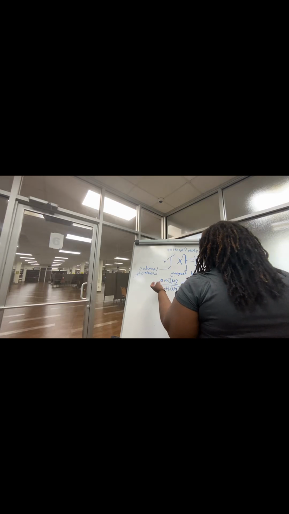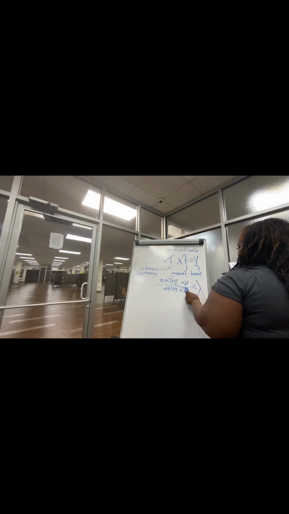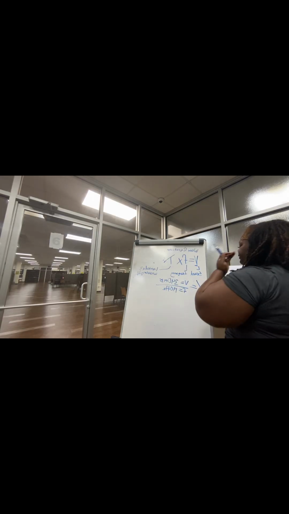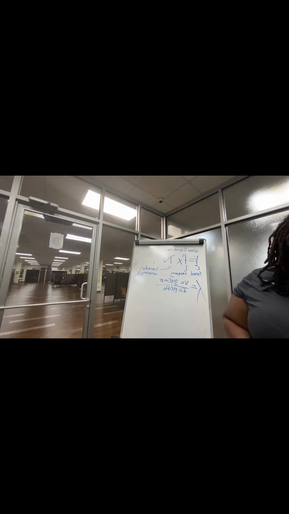So we're gonna do division, obviously, because the wavelength equals the speed divided by the frequency. 340 divided by 170 equals 2 meters.